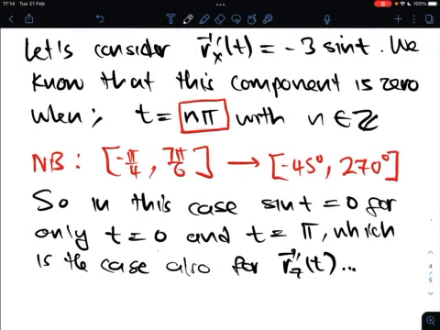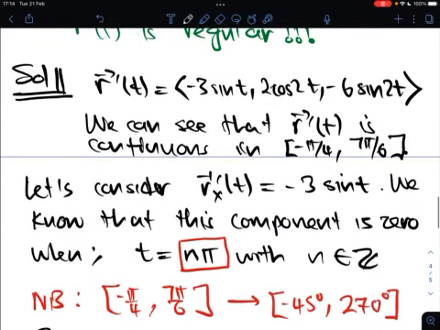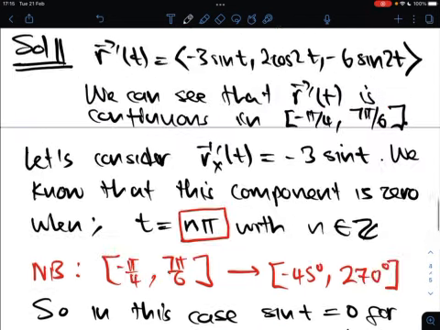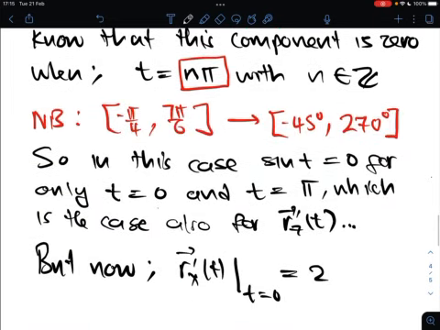But now let's check. Let's evaluate the x component at this position. What is the x component of the derivative when t is 0? When t is 0, you place it there, you get cos 0, which is 1, so you get 2.